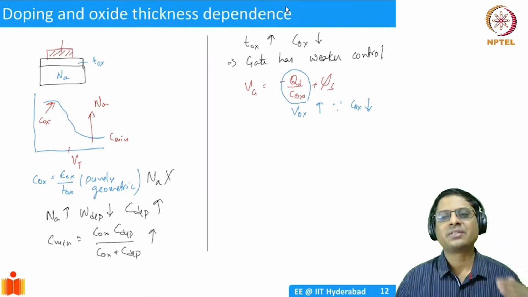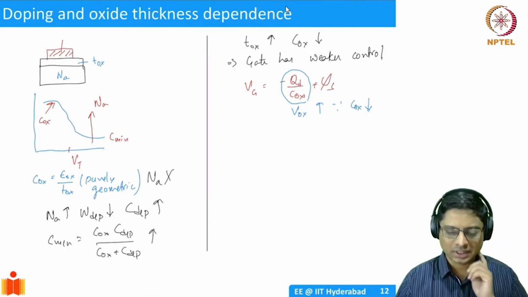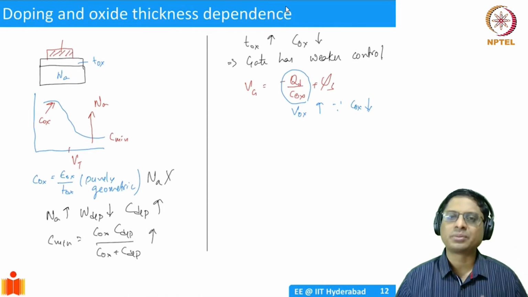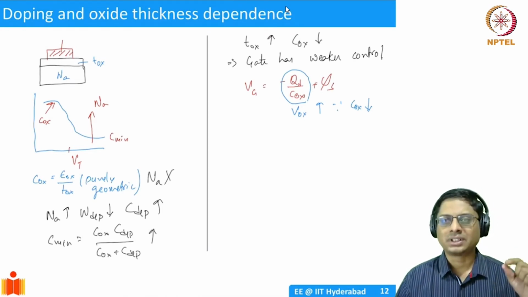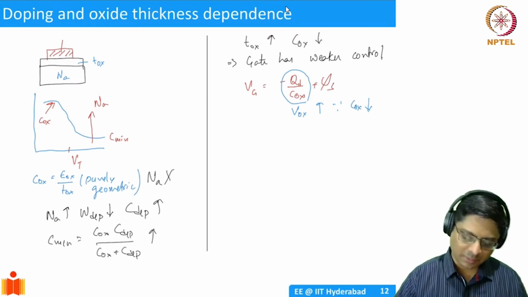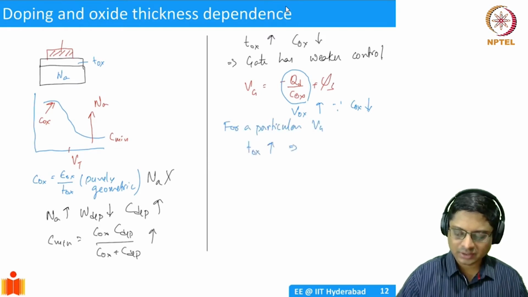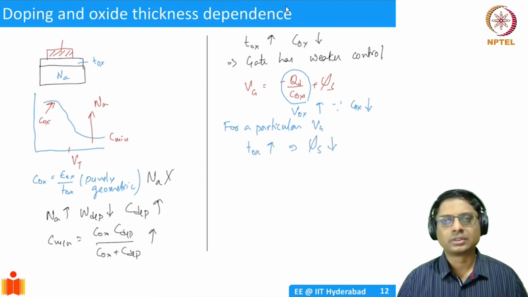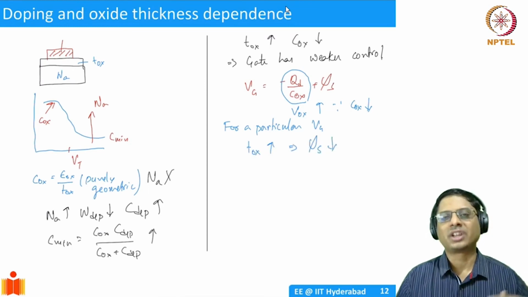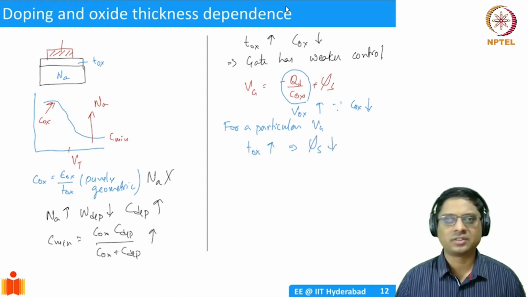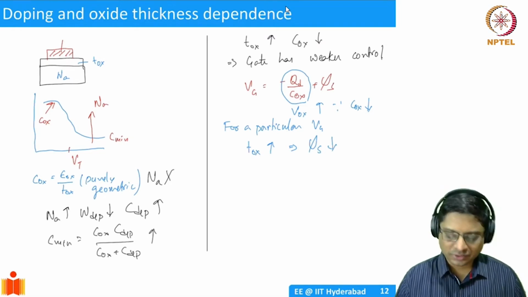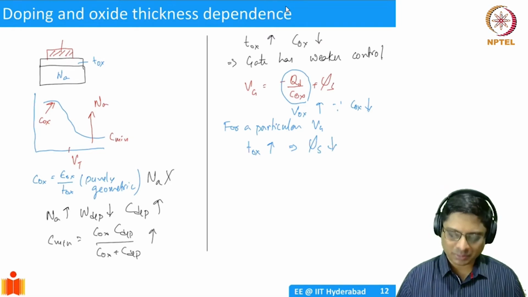So if you have the same voltage, then your phi s has to be smaller. For a particular VG, TOX increases implies phi s has to reduce because the oxide is going to take a much larger fraction of the voltage. So if phi s decreases, what happens to the W depletion?